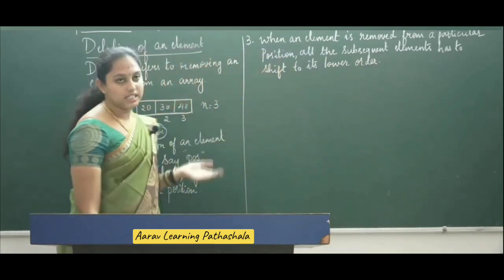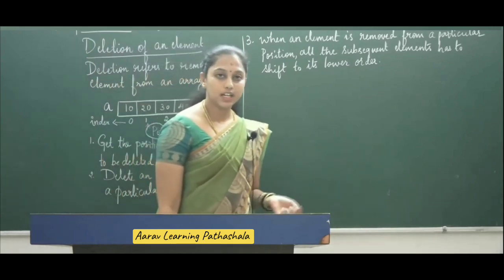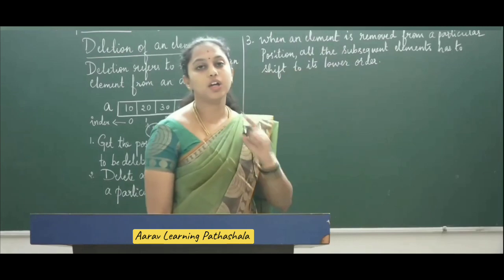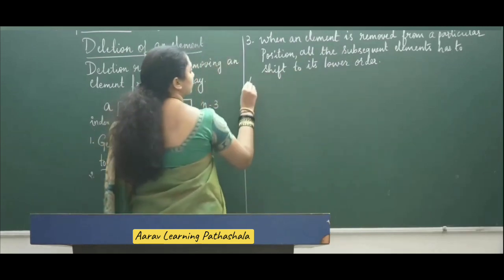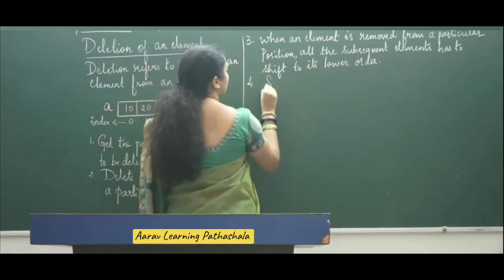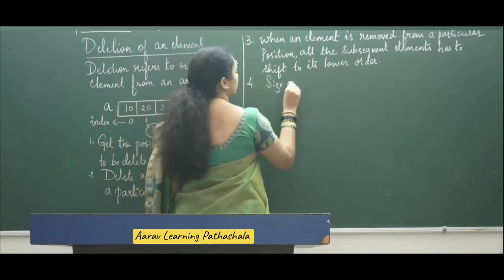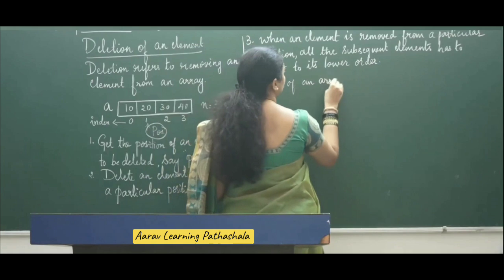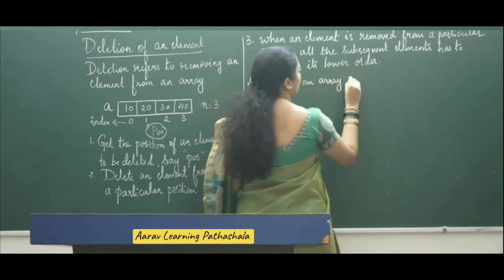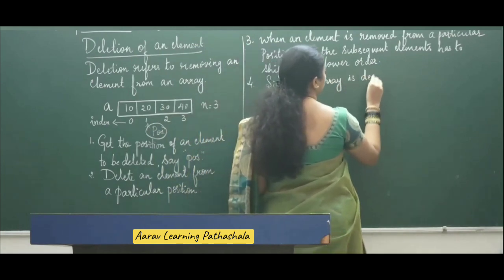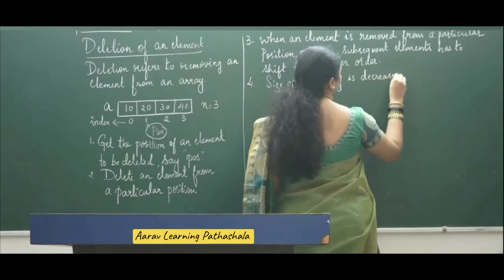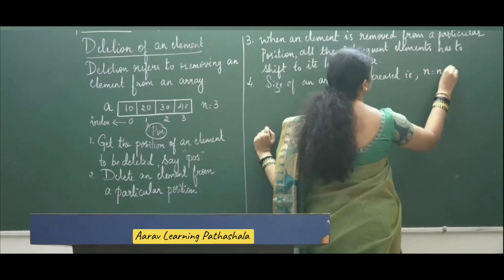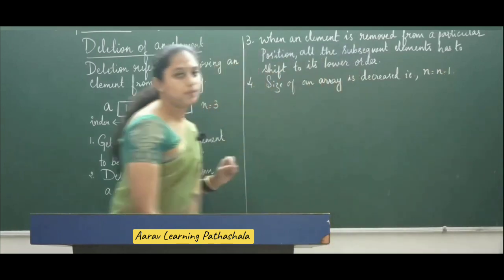So after deleting an element from an array, the size of an array is decreased by 1. That is, n is equal to n minus 1.